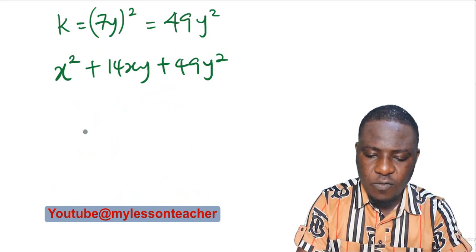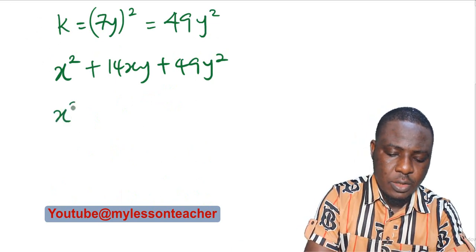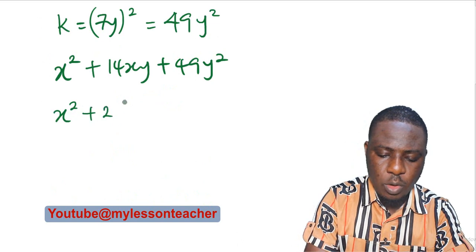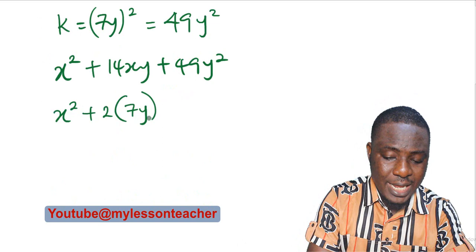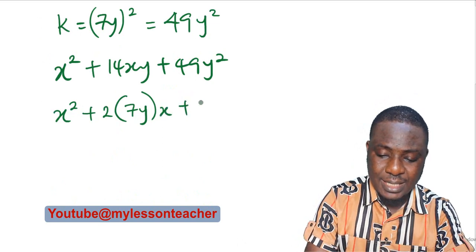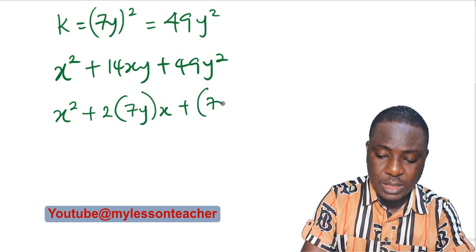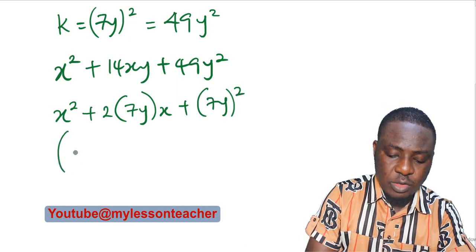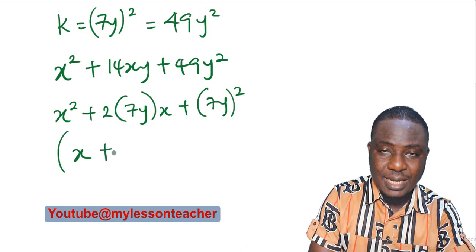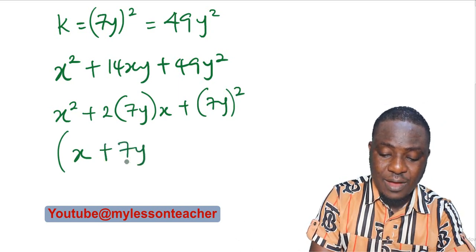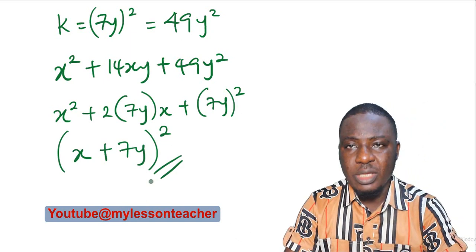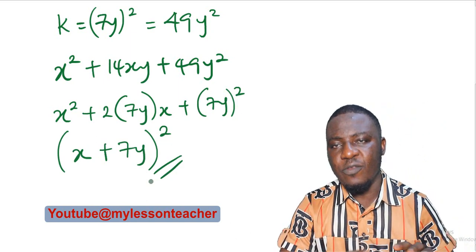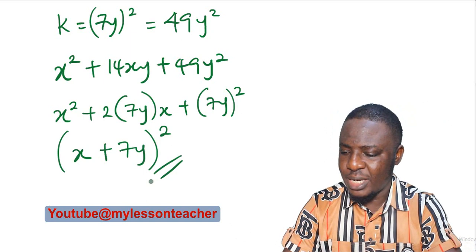So let's factorize this. We'll simplify it first to be x squared plus 2 into 7y x plus 7y squared. So when you factorize this, it becomes x plus 7y all squared. So this looks somehow different from the previous examples we have been encountering.